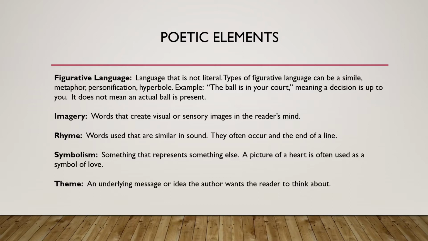Next, imagery. Words that create visual or sensory images in the reader's mind. This can make the reading much more pleasant, the more you can visualize as you're reading. Next, rhyme. Words used that are similar in sound. They often occur at the end of a line in poetry, but not always.